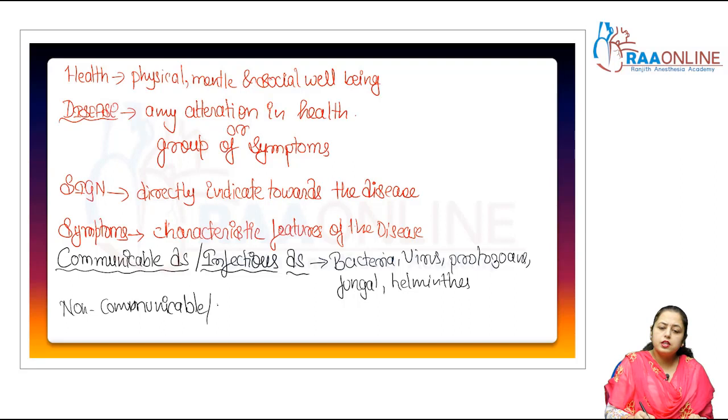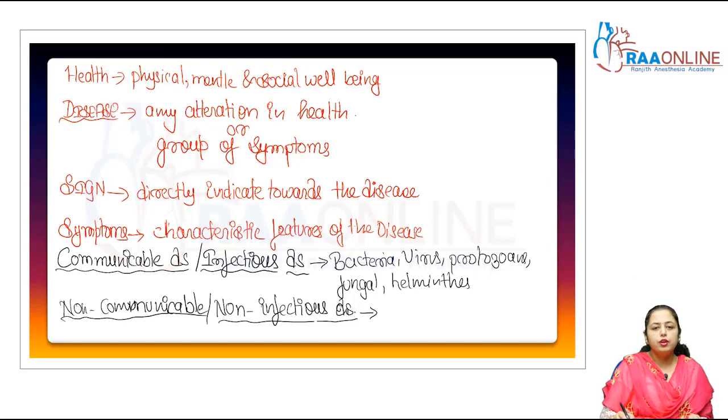And when we talk about the non-communicable disease, which is also known as the non-infectious disease, that means the infection is not spread or transmitted from one person to another, right?